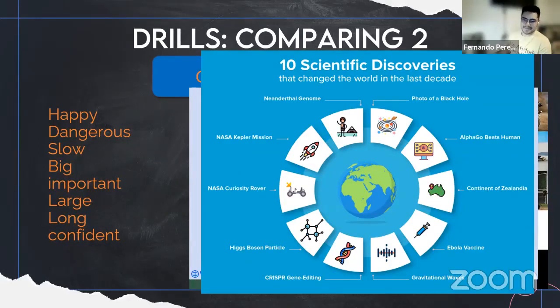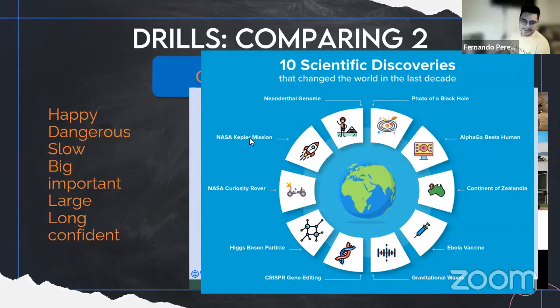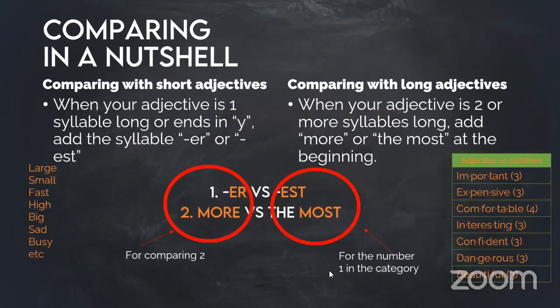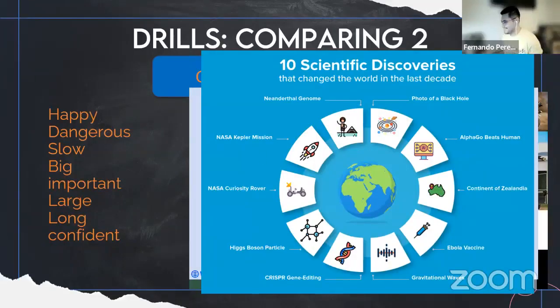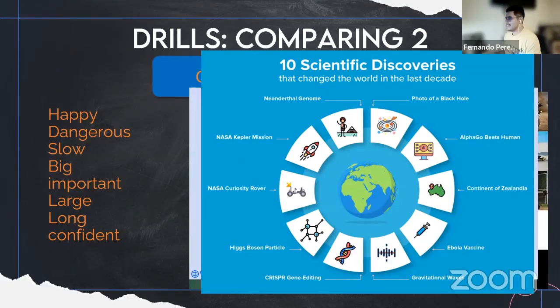Correct. Most is for the number one. The NASA Kepler mission is more important than the photo of the black hole. Yes, that is correct.